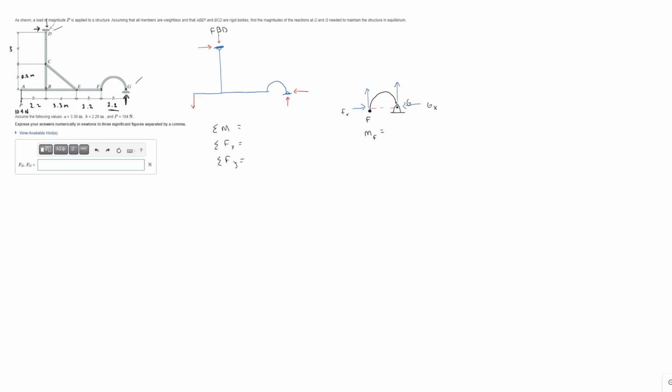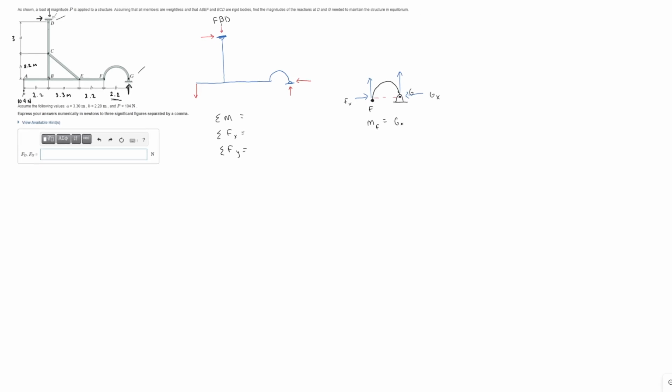So the moment of f would be the g of y times this distance, and the distance is 2.2, equals 0, because remember, in the equilibrium equations, everything is going to be equal to 0. So right away we can tell that g of y is going to be equal to 0. So we can say here g of y is equal to 0.